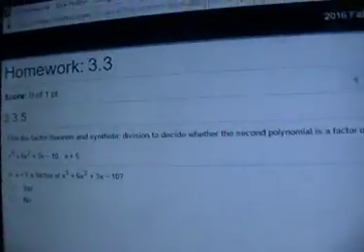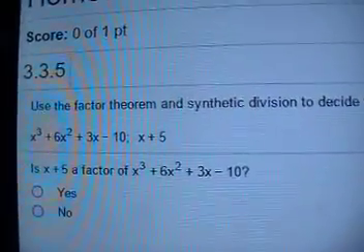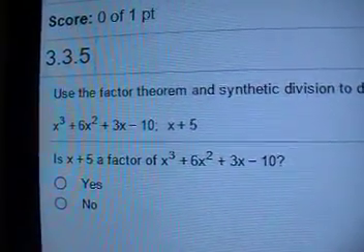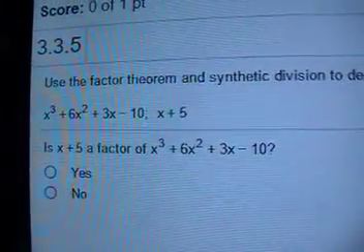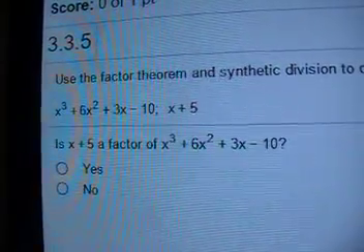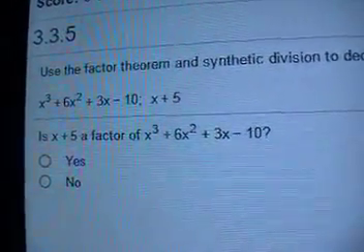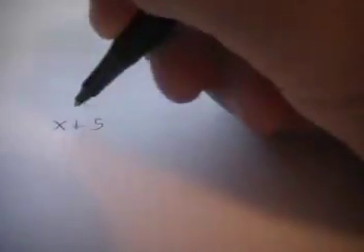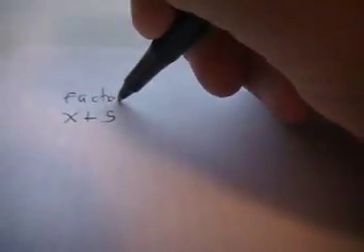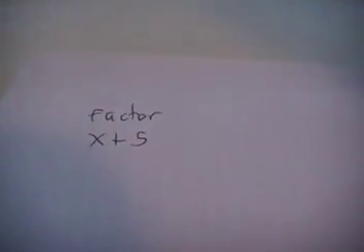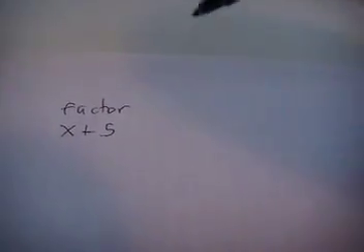Okay, so here's where we can put into play what we just learned. They give me a long polynomial, and then it says, is x plus 5 really a factor of it? Is x plus 5 a factor of this longer polynomial, yes or no? So I got 2 choices. X plus 5 is the factor form, regardless of whether I'm going to use synthetic division or the remainder theorem.